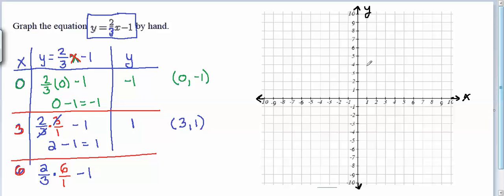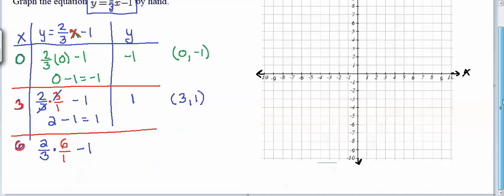Okay, and let's just scroll down the page so we can see a little bit more here. Now you might cross-cancel the 6 and the 3, or you might just multiply straight across. We continue our line here just to keep it organized. So I multiply straight across. 2 times 6 is 12. 3 times 1 is 3. And then bring down that minus 1.